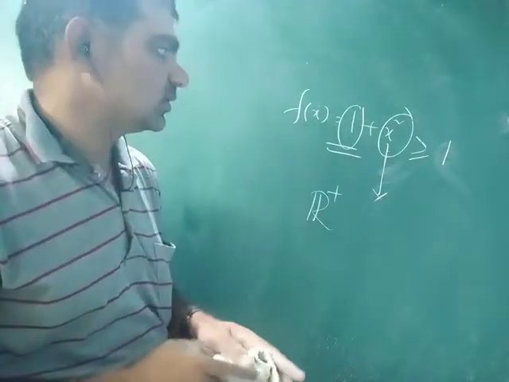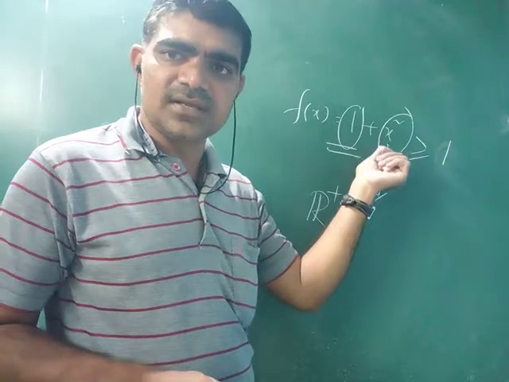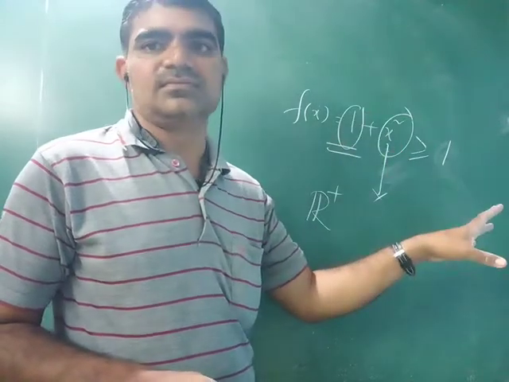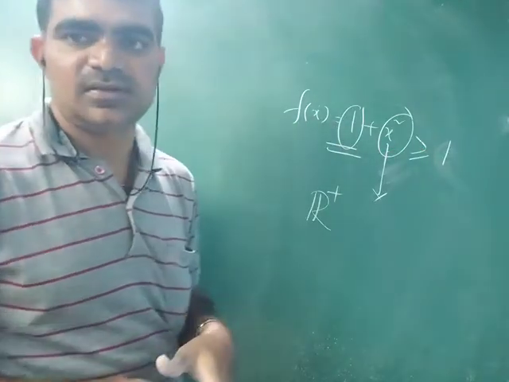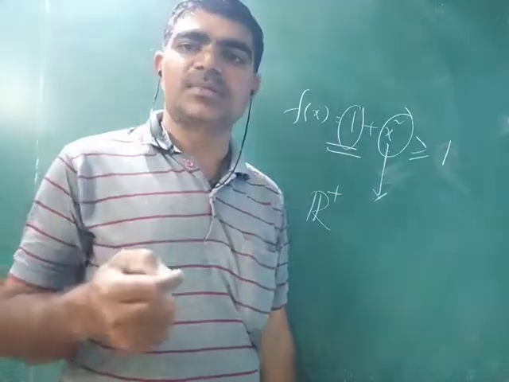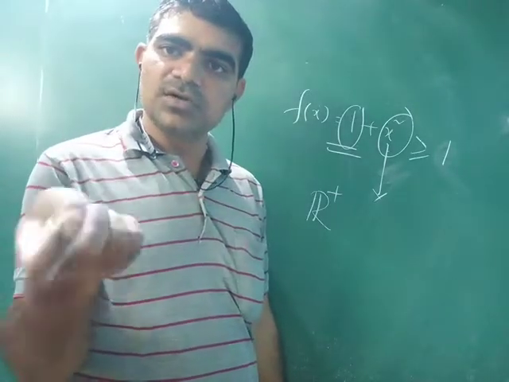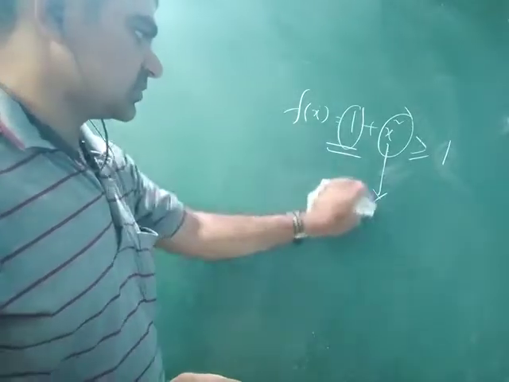You write like that, because this is the reason: whatever value of x you take here, it is always greater than or equal to 1, because 1 is positive and x square is positive. Clear? Why not write R plus? The values between 0 and 1 are not included, but those are real numbers. That's why don't write this R plus.